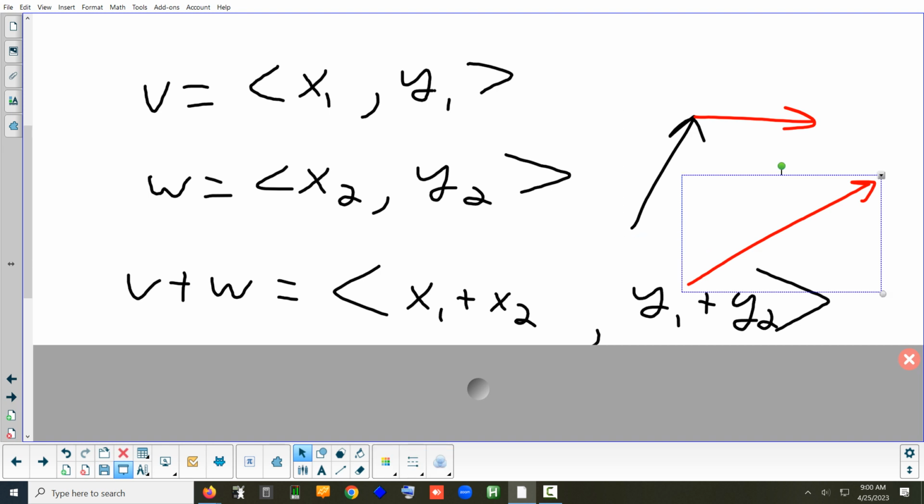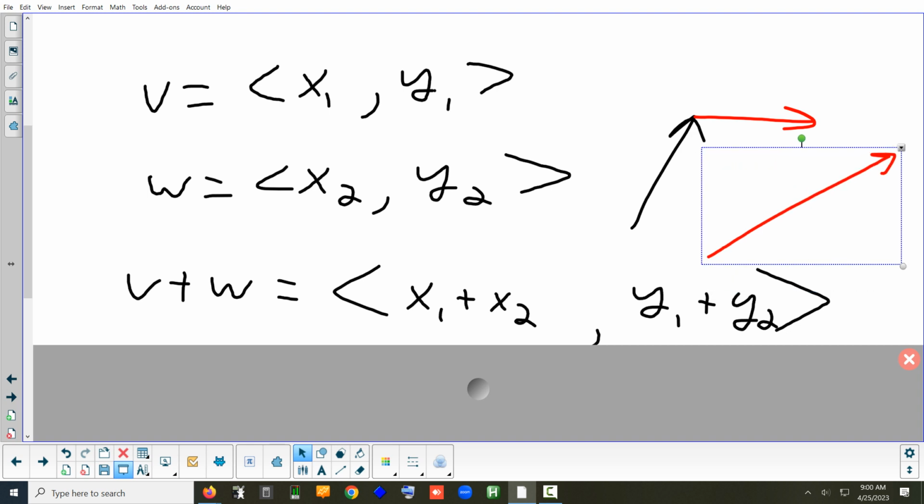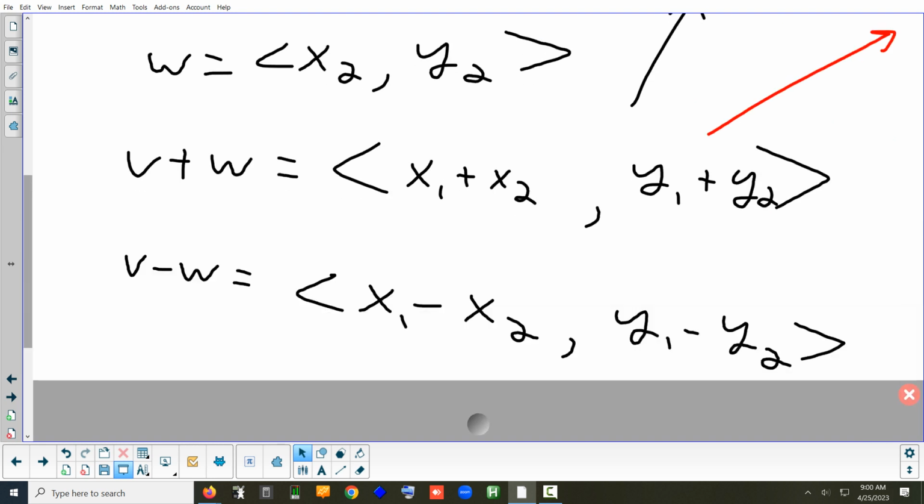But now we're going to get away from doing that sketch. We're just going to do it with numbers. All you have to do when you add vectors as numbers is think about combining like terms. You can add the x components together, and then you add the y components together. And that's it. So there's no sketch. Subtraction is pretty much the same idea.